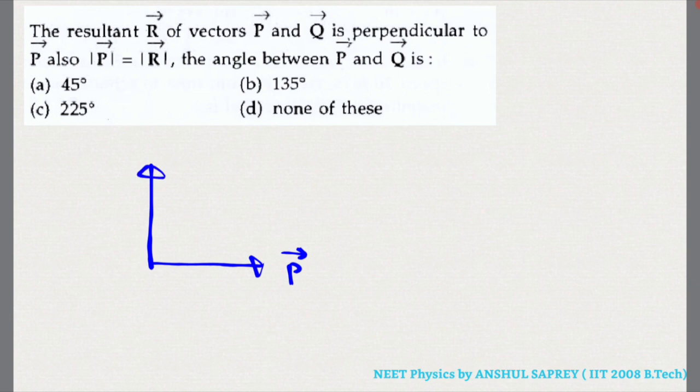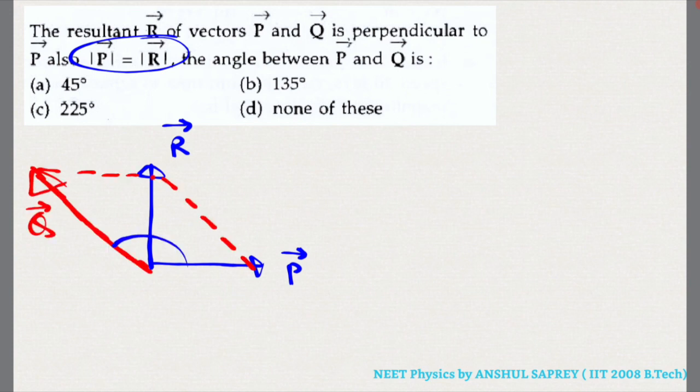Also, the lengths of P vector and R vector are equal according to this line. If we complete the parallelogram considering R vector as diagonal, we will get Q vector. Suppose the angle between P vector and Q vector is theta, then using the formula for resultant magnitude, R square is equal to P square plus Q square plus 2PQ cos theta.